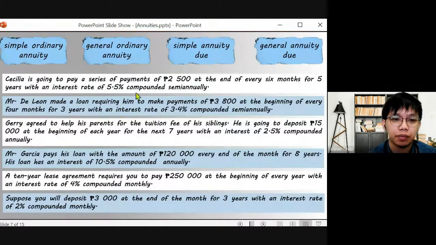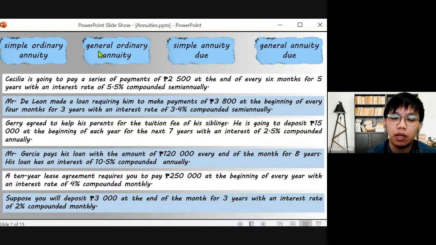Okay, let's proceed to the activity. We have the following situations or problems, and your task is to identify whether it is simple ordinary annuity, general ordinary annuity, simple annuity due, or general annuity due. We have no deferred annuity here. For the first categorization, if it is simple, the payment interval and interest period are the same.